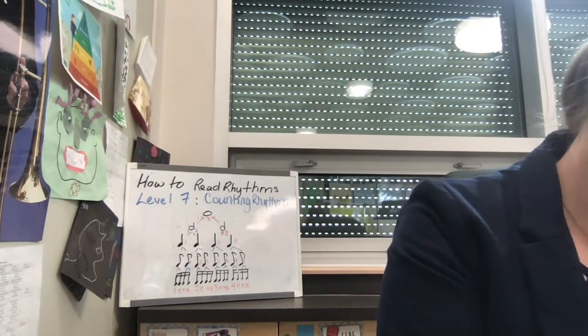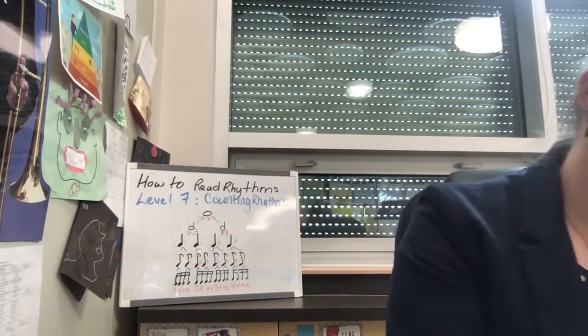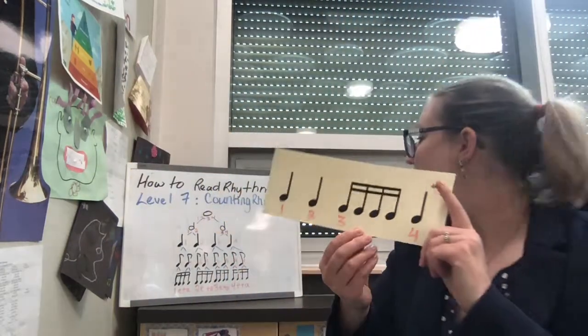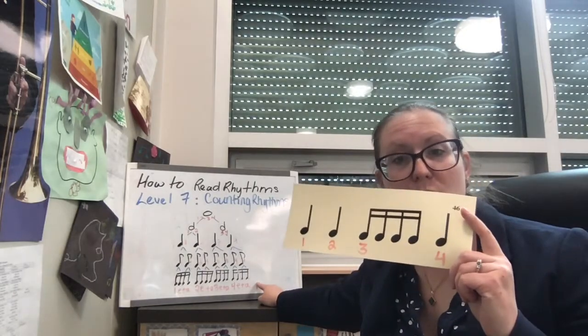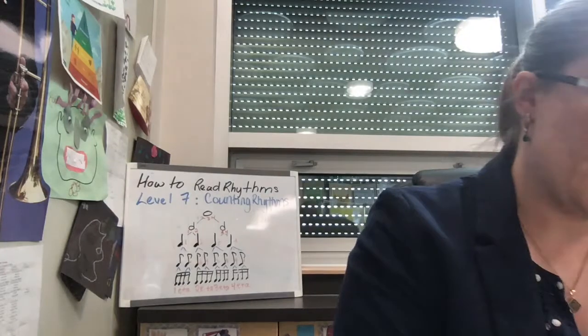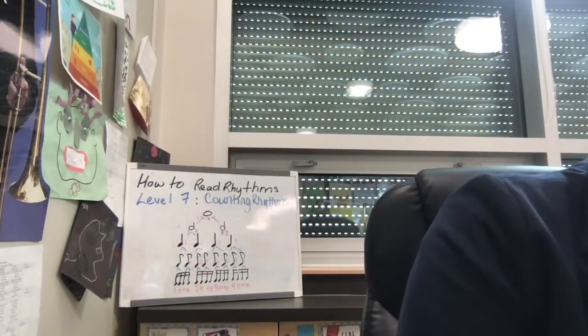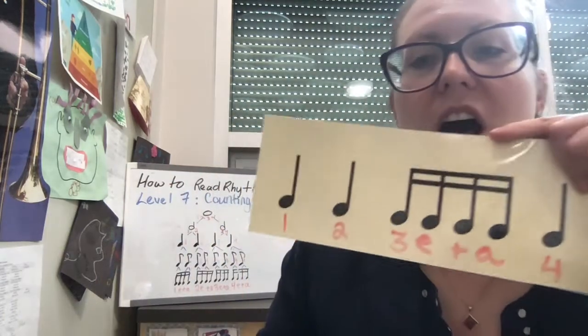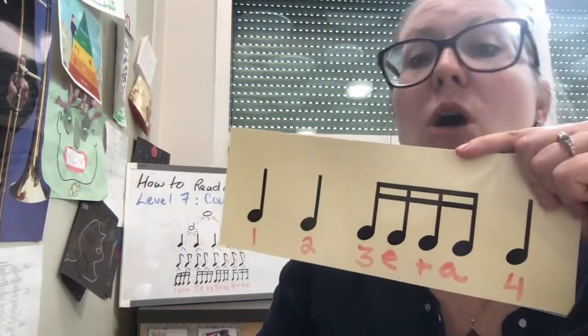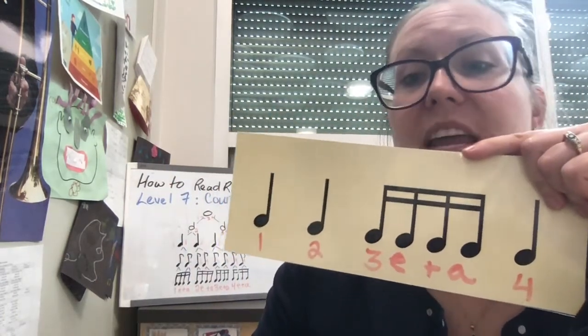For my quarter notes, I don't have to do anything else. I don't have any 16th notes or any 8th notes. And I know for 16th notes, the rest of the beat I write as e and a. So my counting will be 1, 2, 3 e and a 4. So ta, ta, ticka, ticka, ta: 1, 2, 3 e and a 4.